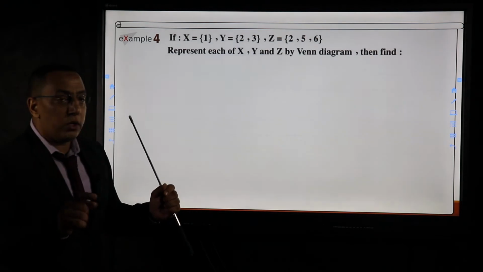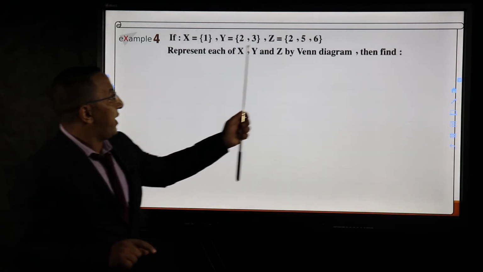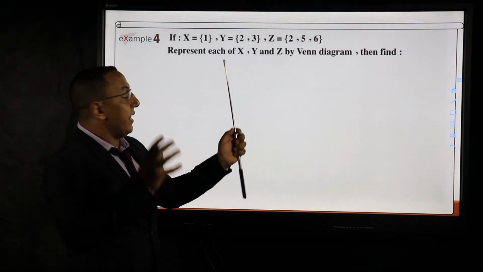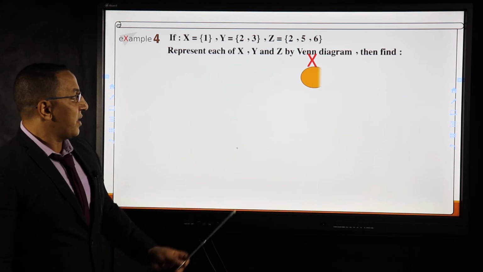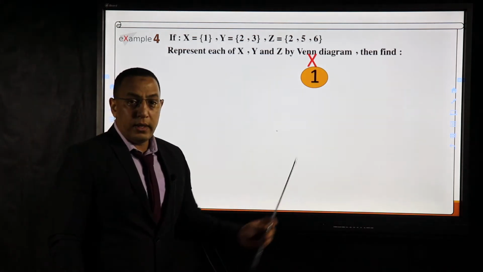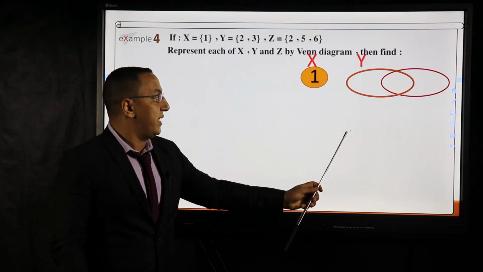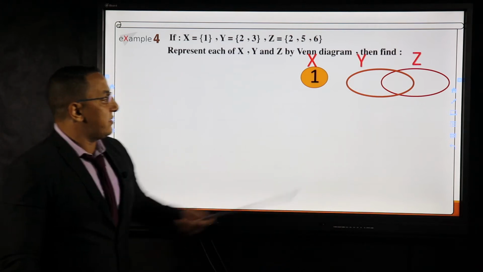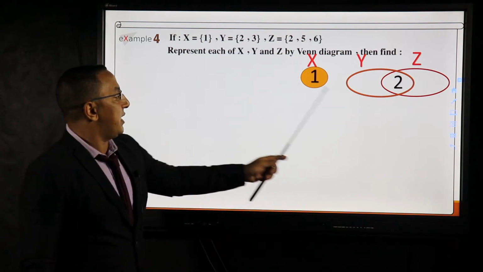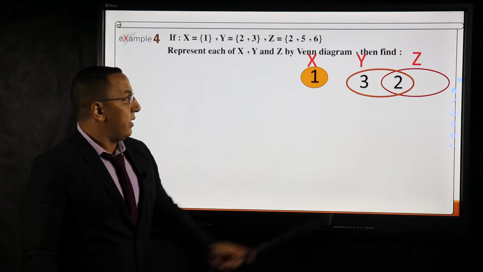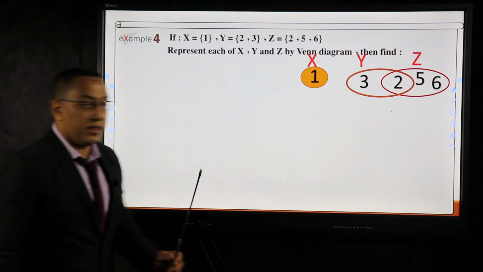So I'm going to draw two ovals connected to each other, y and z, and x is separated from them, like this. x includes 1, and this is y and z. Here inside I'm going to write 2, and here 3 is outside, and 2, 5 and 6 inside z, like this.